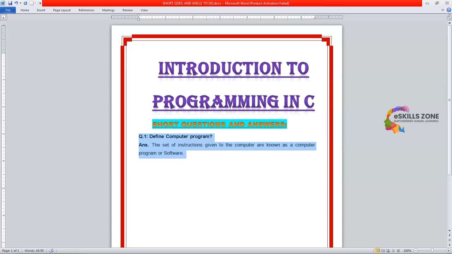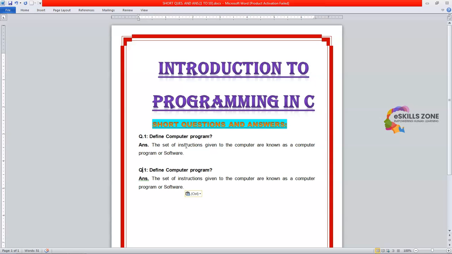Next number. Question number 2. The question is, what is computer programming?